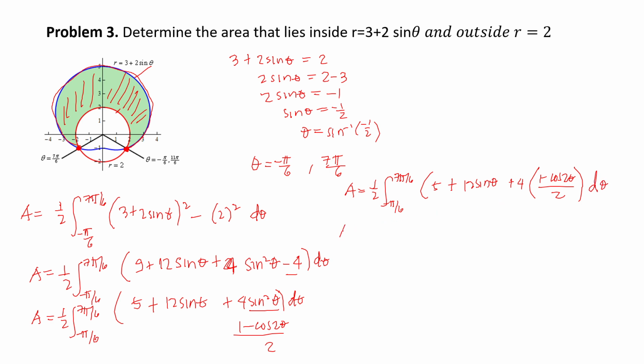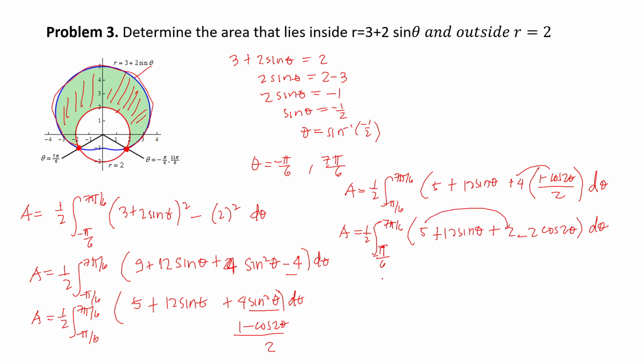So simplify further. This is 5 plus 12 sine theta plus 2 minus 2 cos 2 theta d theta.